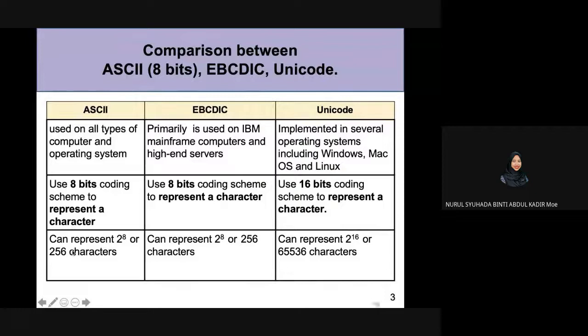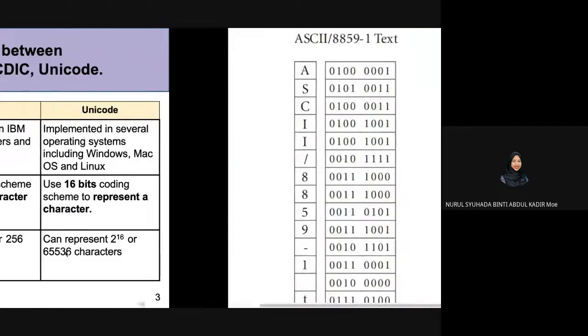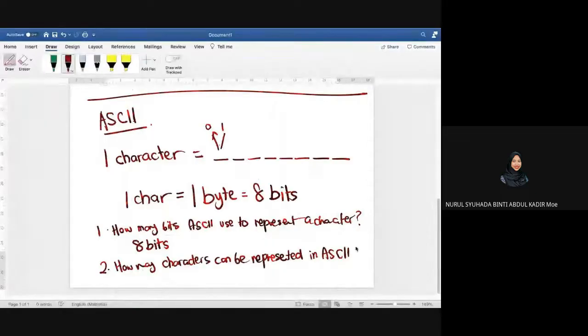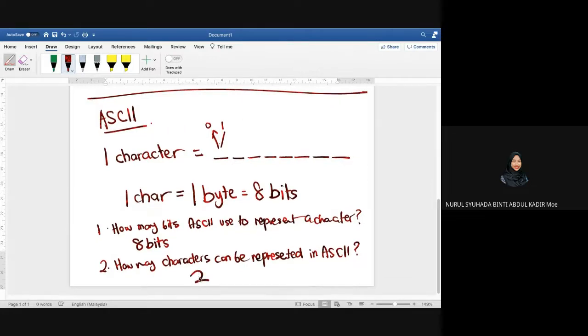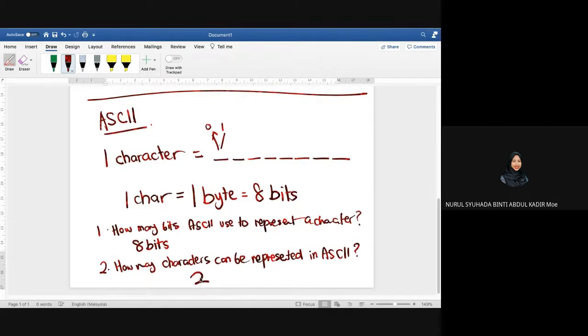So, why do we get 256 characters? Maksudnya ASCII ni, you kena tengok kita ada 8 tempat kosong. And then setiap tempat kosong, kita akan isi sama ada kosong atau 1. Okay, so the option is 2, maksudnya 2 option, 0 and 1.